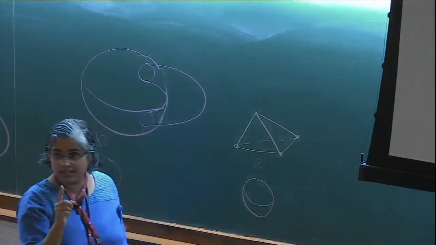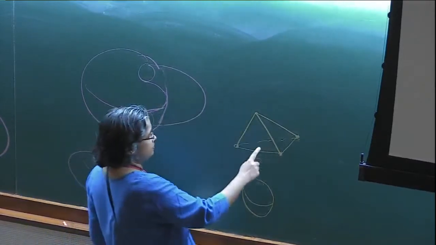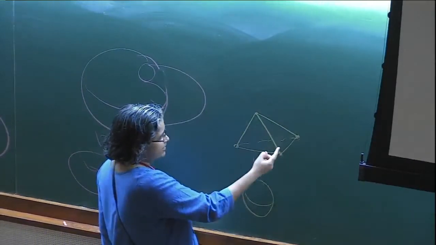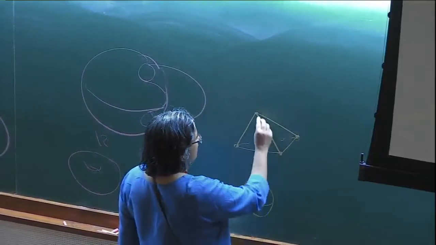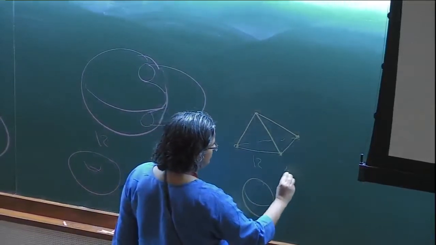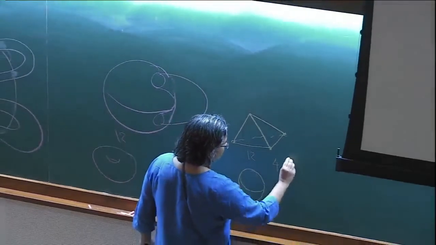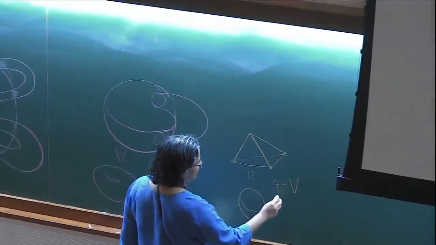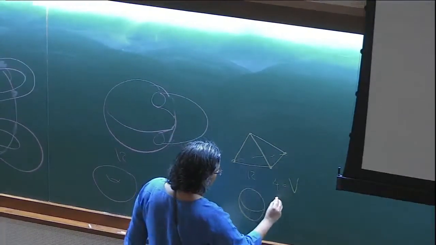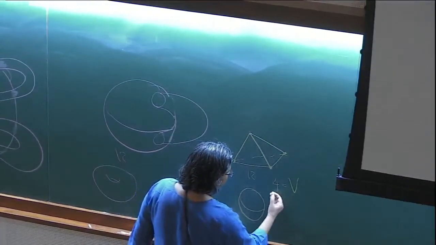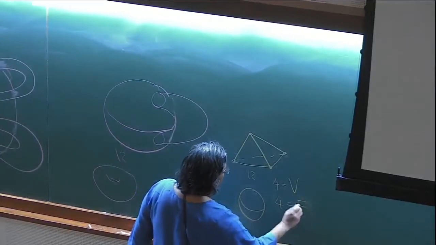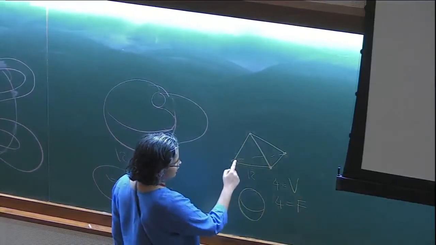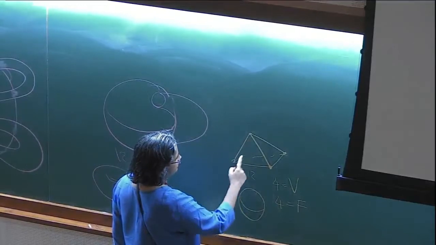Faces should not have holes in them. And 1, 2, 3, 4, edges. The number of vertices is 4, the number of faces is 4, and the number of edges is 6, right?